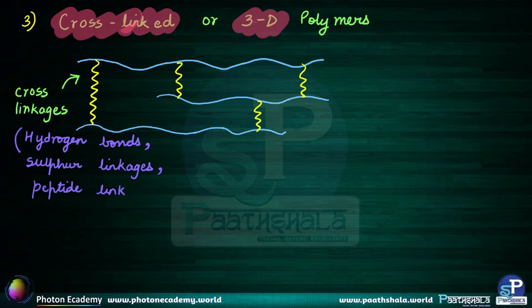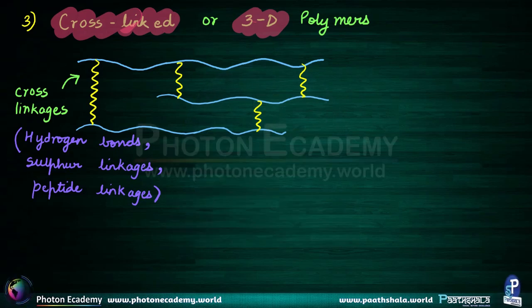So they can be a number of linkages, and these cross linkages lead to the formation of cross-linked or 3D polymers. These are usually formed from bifunctional or trifunctional monomers and contain strong covalent bonds between various linear polymer chains.